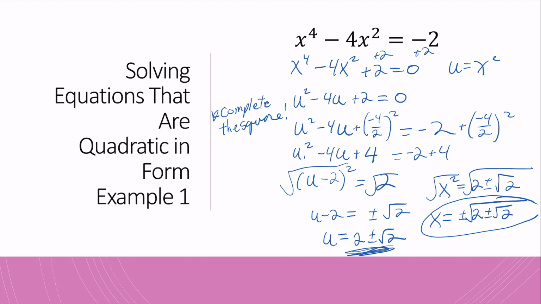If you plug it into your calculator, you should get a real value, an irrational value. What's important to note is I've got x's: plus the square root of 2 plus root 2, plus the square root of 2 minus root 2, minus the square root of 2 plus root 2, minus the square root of 2 minus root 2. I'm going to have 4 possible answers.